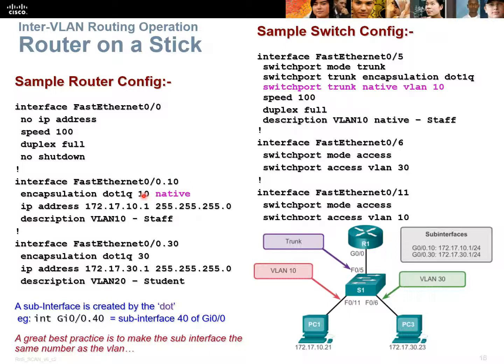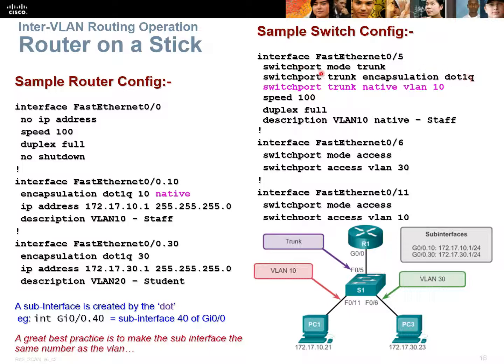Because yes, this could be subinterface 1, yes, this could be VLAN 64, and yes, this could be 172.17.99 whatever. That will work, but it's very confusing. You want to come back in 6 months and say, oh, VLAN 30, oh, that's subinterface 30. VLAN 30, subinterface 30. Oh, and it's 172.17.30. Have some sort of correlation, have some sort of pattern.